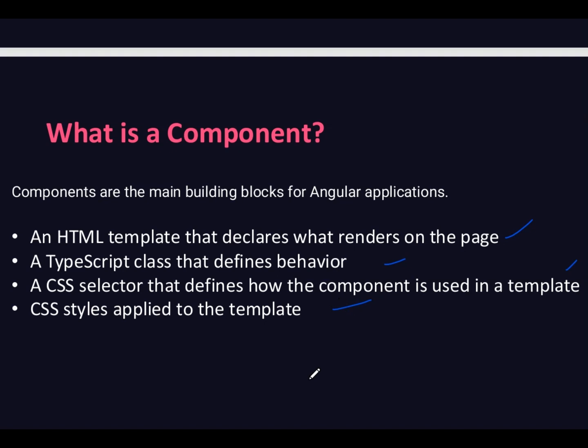To summarize quickly, a component is a collection of different files: the HTML file where we write the structure, the CSS file where we design it, and the TypeScript file where we write the behavior of that functionality.